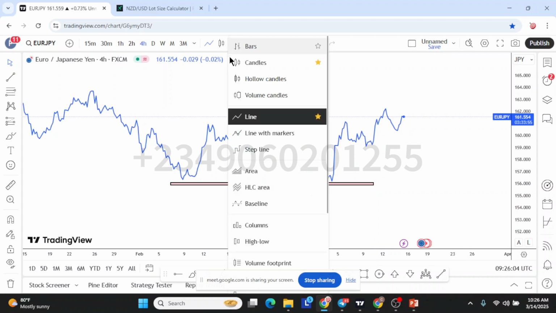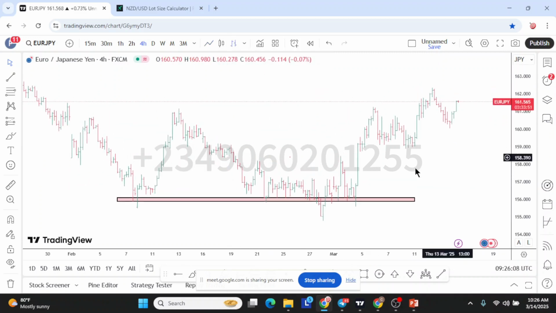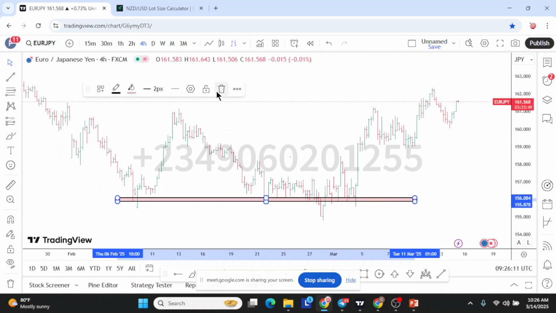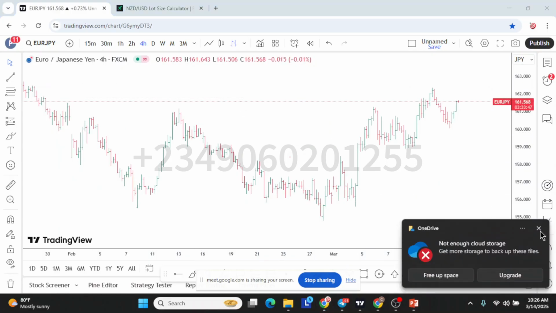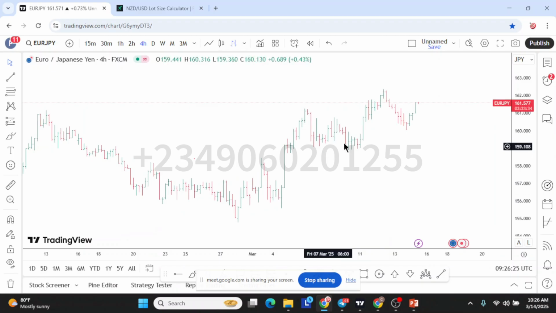This is the bar chart. Now I told you that the bar chart is what the olden days traders make use of. This also lets us identify what is going on between buyers and sellers. But modern day traders don't make use of this. We now use the candlestick.